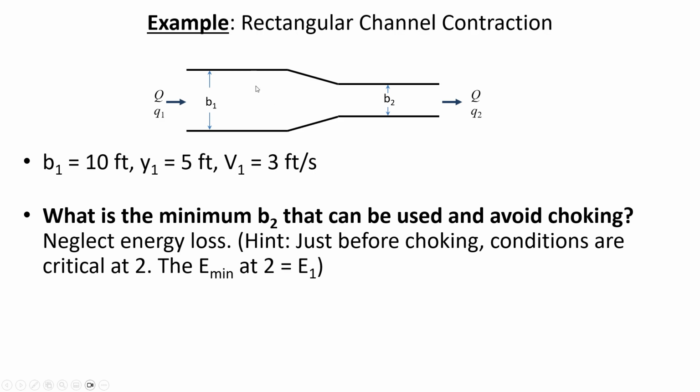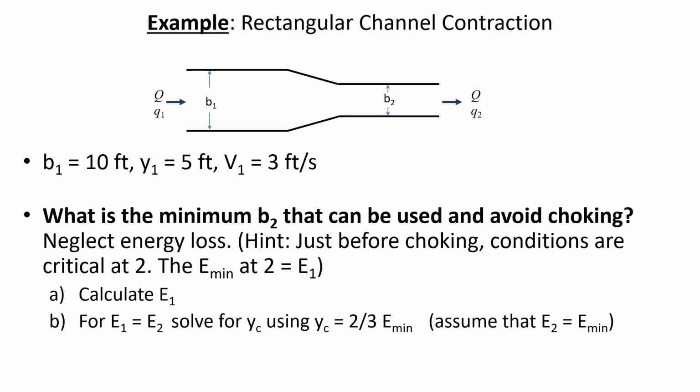So we'll say, let's assume that the minimum specific energy at 2 is equal to however much specific energy was available at 1. With the data we've been given, we calculate the specific energy at 1, then set that equal to the specific energy at 2, and solve for the critical depth using the notion that critical depth is 2/3 of the minimum specific energy.